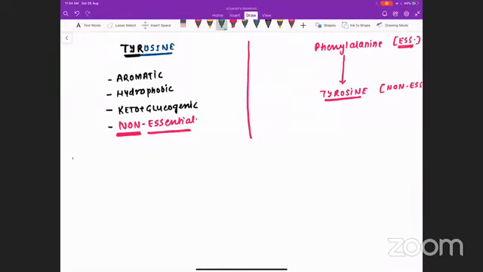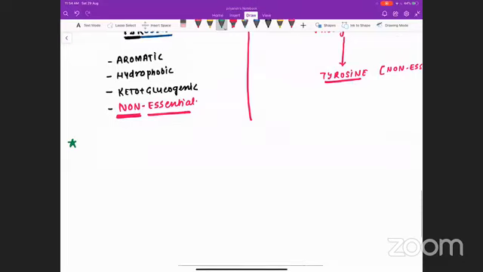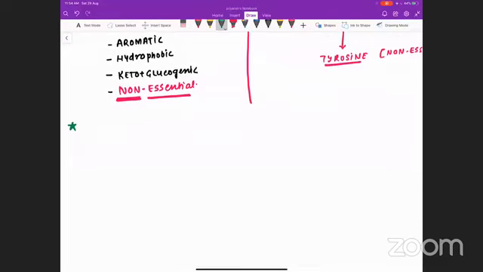The point that I'm writing about tyrosine is the most important point for today. What are the special products of tyrosine? Tyrosine is required to produce three special molecules in our body.